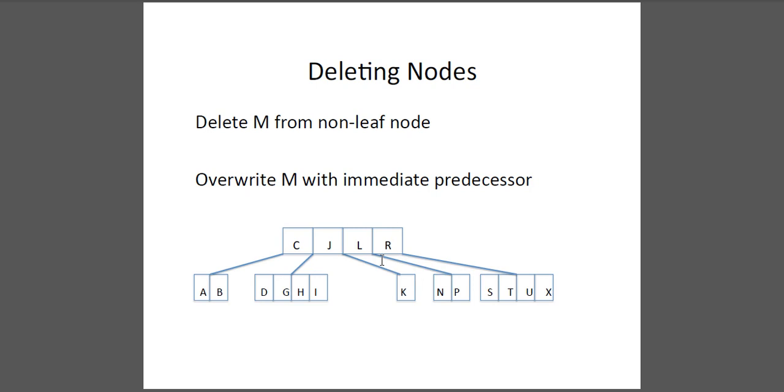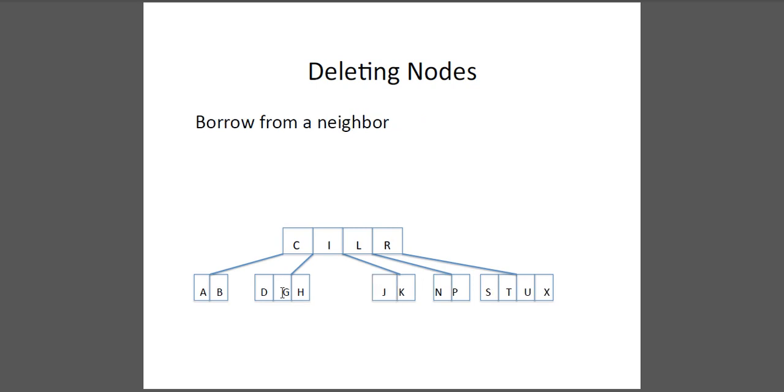Now again, if you see it contains only one value, the leaf node should contain at least two values here. So that's why you can borrow the value from its neighbor. Its neighbor contains four values, so you can borrow the value. You borrowed the value J, so it becomes JK.